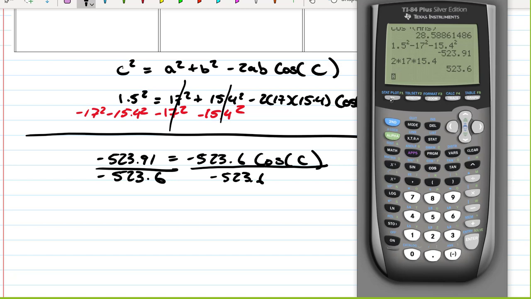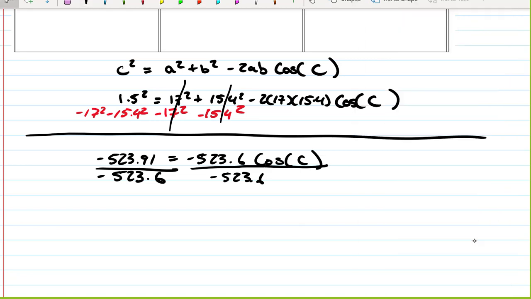So we have negative 523.91 over negative 523.6, and that should have been negative. And I get this number, 1.000059, which should worry you, because now when I go to take the inverse cosine, I'm going to get a domain error.